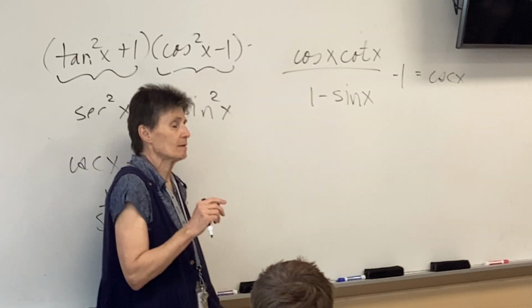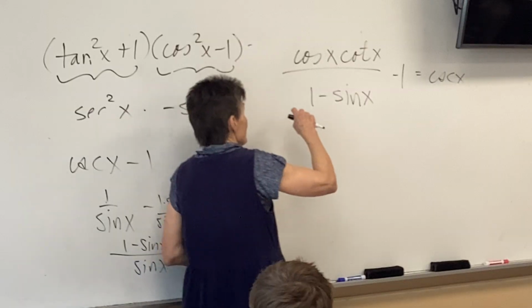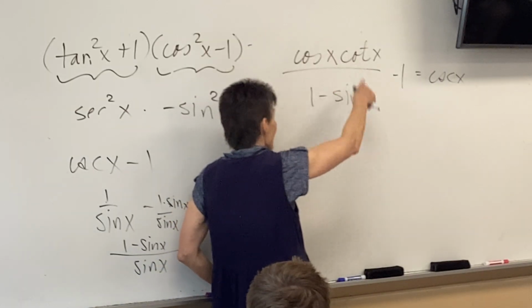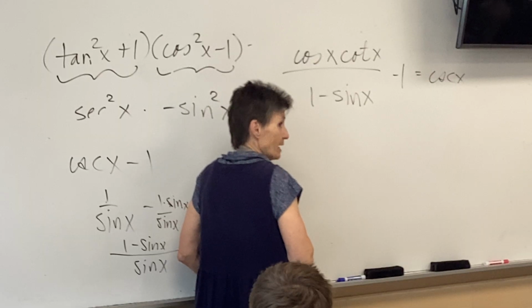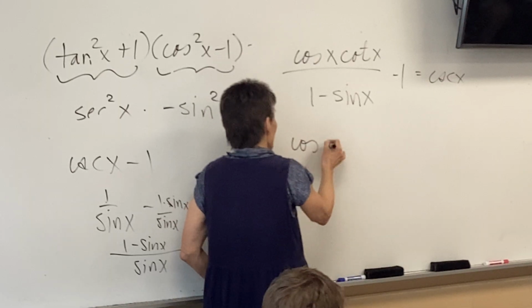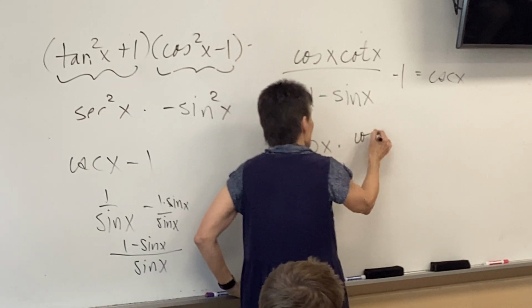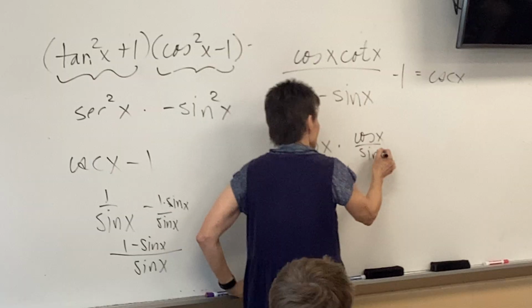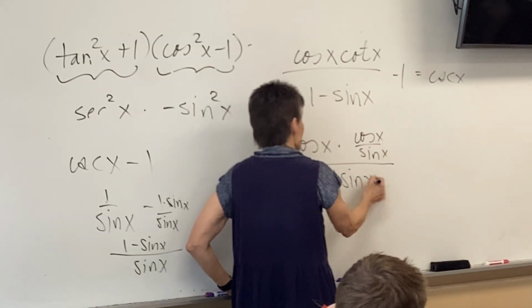So I think the only thing we can do is change this mess into sines and cosines. So on the top, I have cosine times cosine over sine. And on the bottom, I have 1 minus sine.